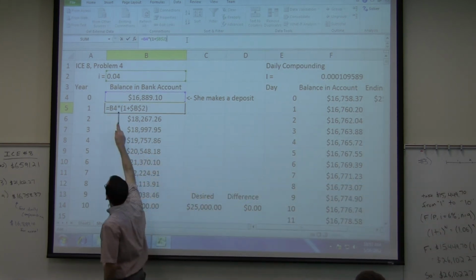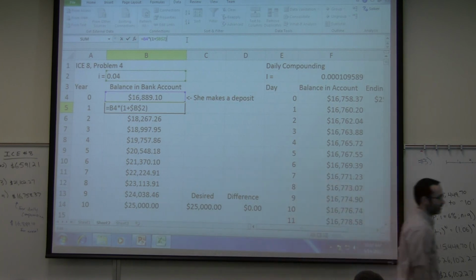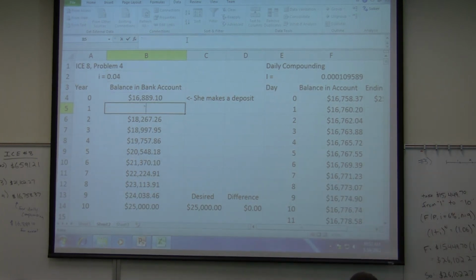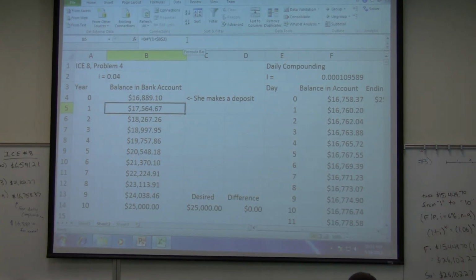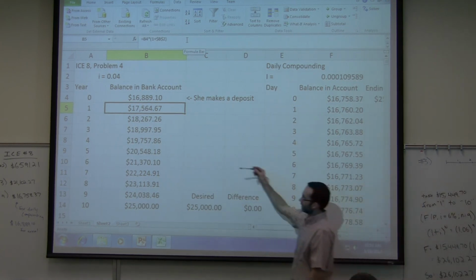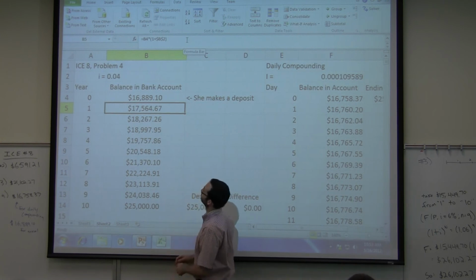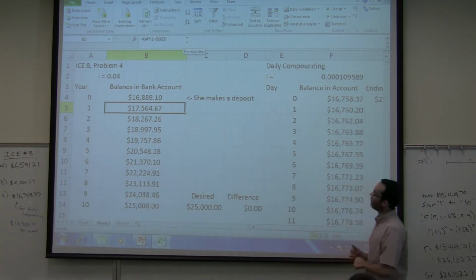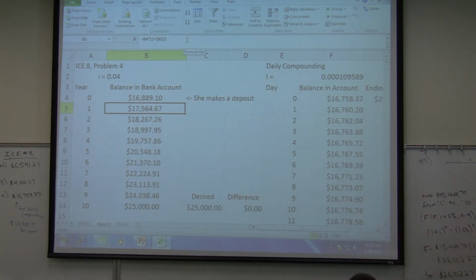So at the end of year one, the balance in the account is going to be 4% higher than when she made the deposit. And so at the end of each year, it's grown by another 4%. That's the Excel demo I wanted to show you there.